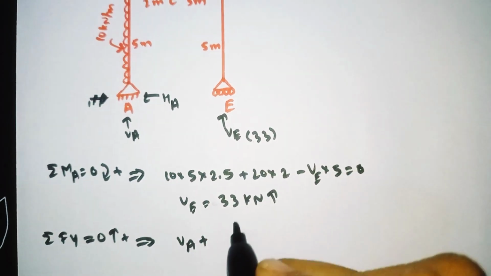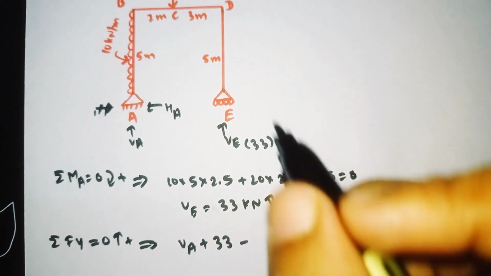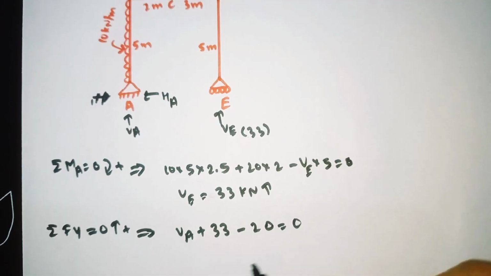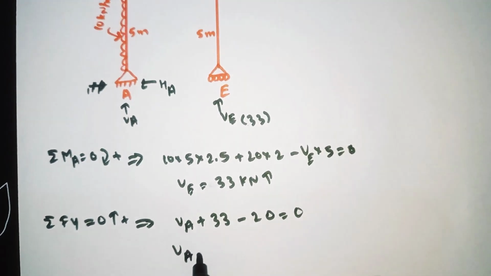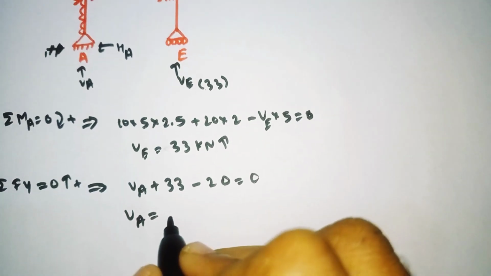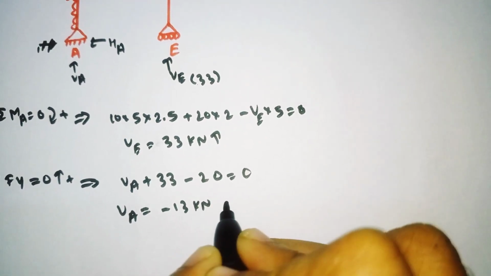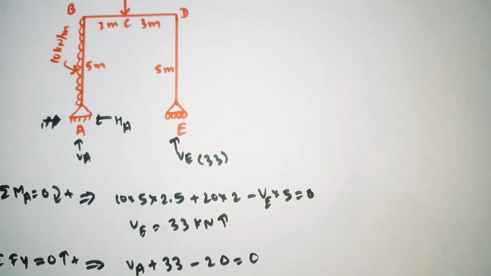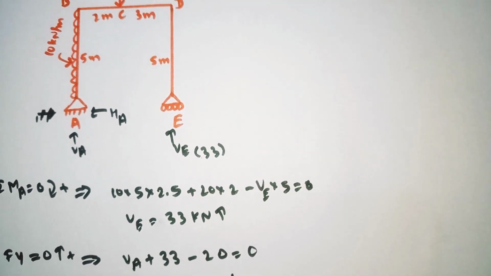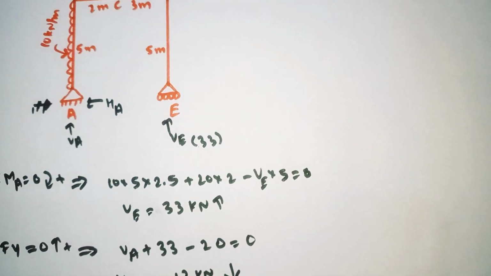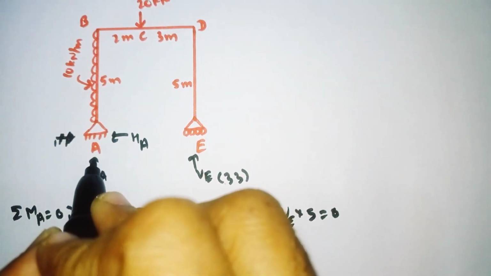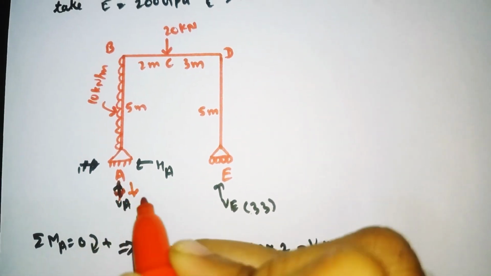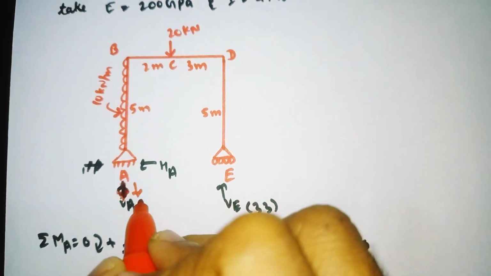VA plus V, the value we got was 33, minus the point load 20, is equal to 0. Solve it. VA will come out as minus 13 kilonewton. So it is downward. Whatever direction we had taken was opposite, so we need to correct it. VA is downward, and it is 13.